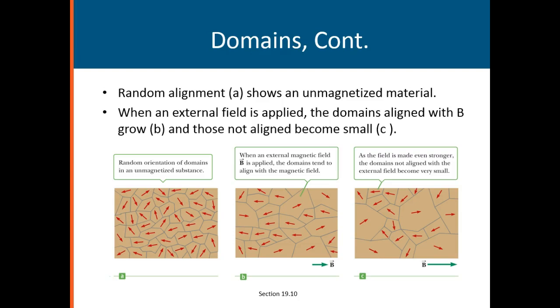Not totally, there's still a little bit of randomness there, but indeed, most of the domains will line up counter to the magnetic field, okay? Because the north-seeking is going to go toward the south-seeking of that field, okay? So that's what would happen. Now, if the field is even stronger than it was there, the domains not aligned in the external magnetic field become very small.